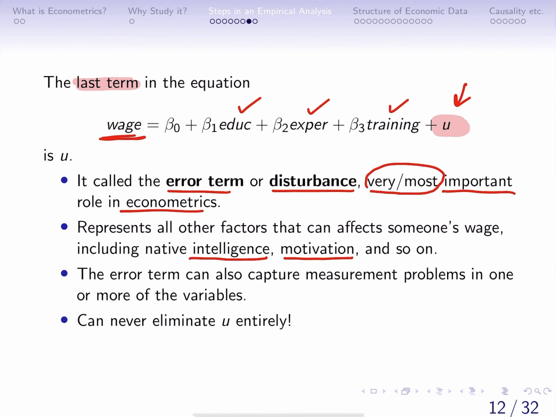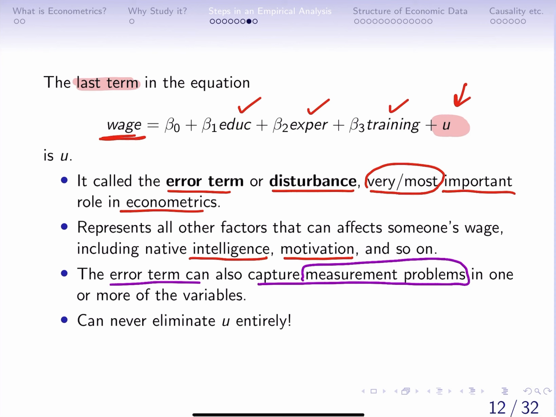The error term is also important because it can also capture measurement problems in one or more variables. And we'll talk about that in later chapters. Sometimes the measurement errors appear in our independent variables, which are these variables, and sometimes those errors appear in our dependent variable.